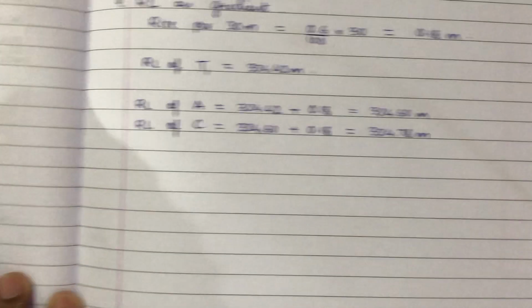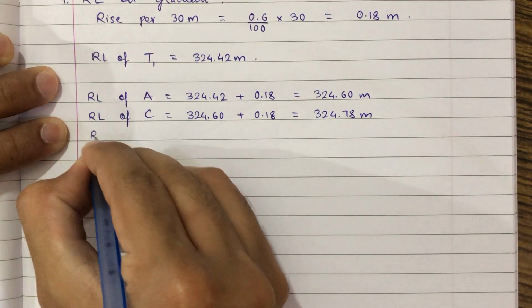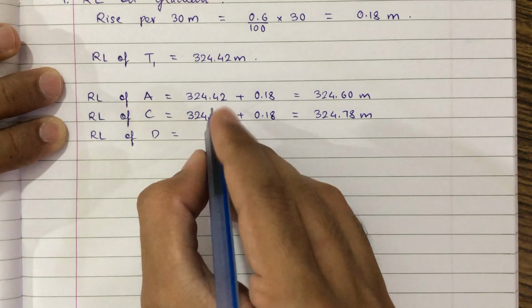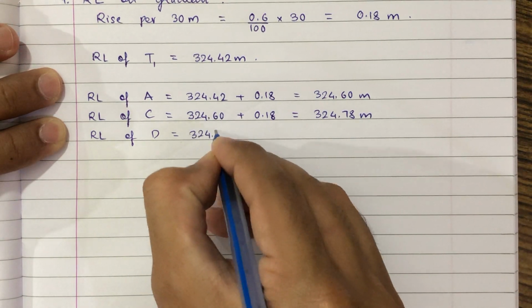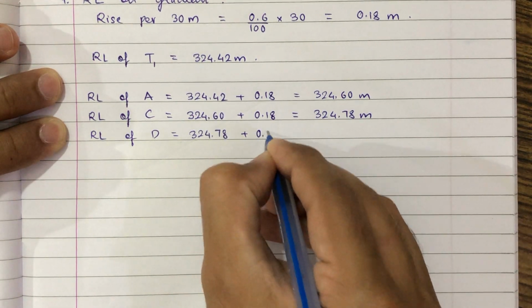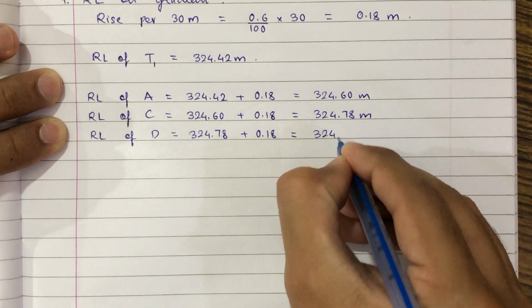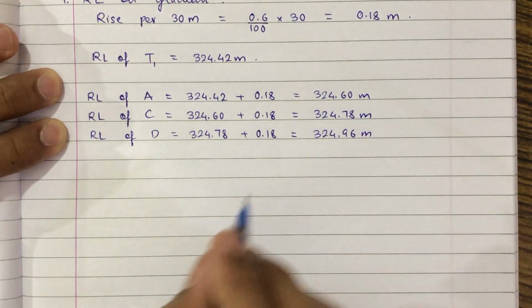So RL of D is 324.78 plus 0.18, that is 324.96 meter.